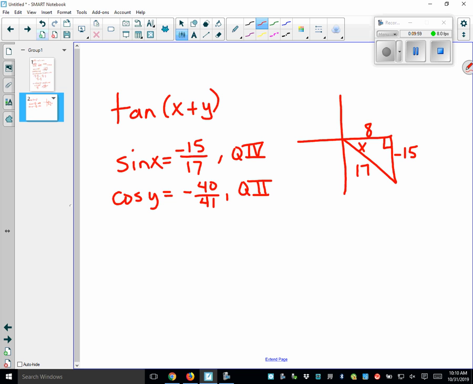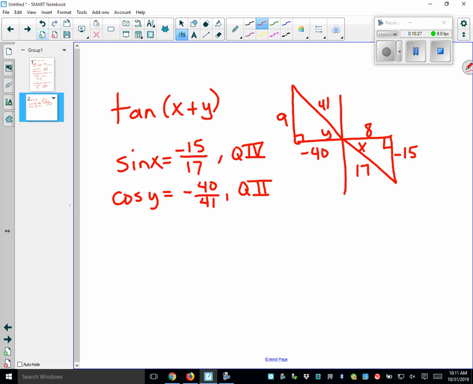Now, y is in quadrant 2. This is y. Cosine is negative 40 over 41. What's my third side? Positive 9.